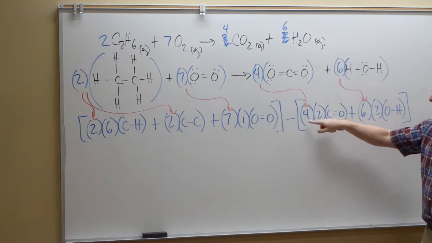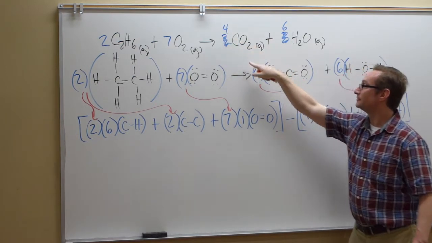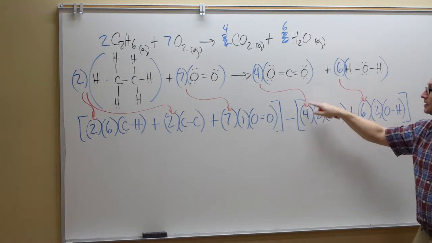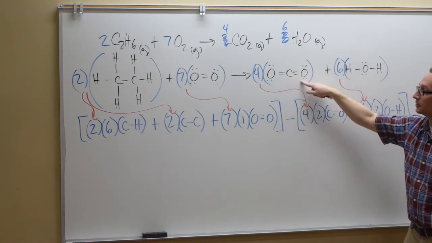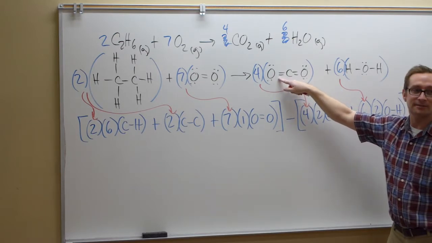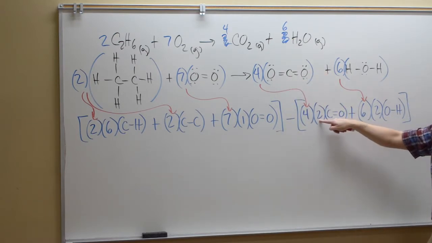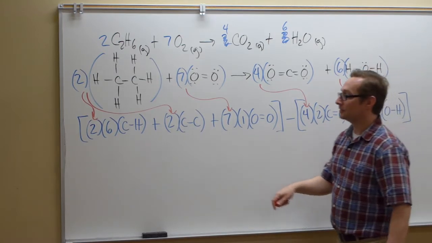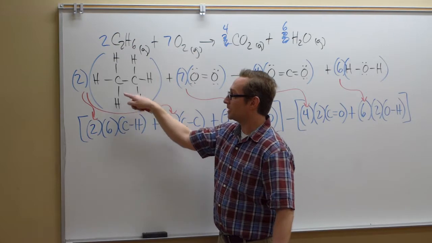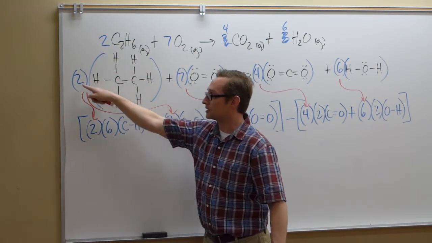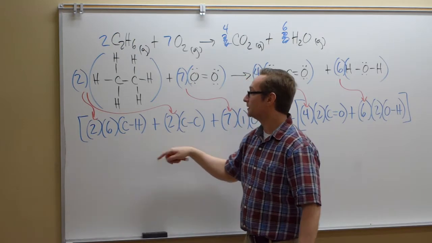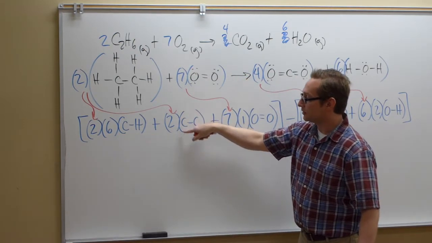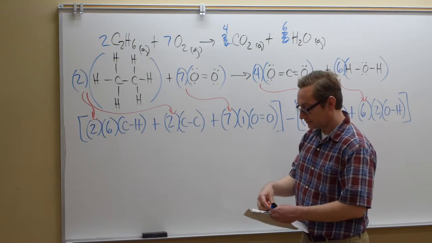Oh, I see, okay. So it's 4 for the coefficient, that's this 4, which is this 4. But then there's 2 CO bonds in the molecule. So there's a C double bond O here, and also here. Oh, I see. There's 2 bonds in the molecule, and that's why I'm multiplying here by 2. That makes sense. Okay, same idea with the ethane, right? I've got 6 CH bonds, so here's the coefficient of 2 times the 6 CH bonds. Right there. For here, I didn't put the 1 in there.